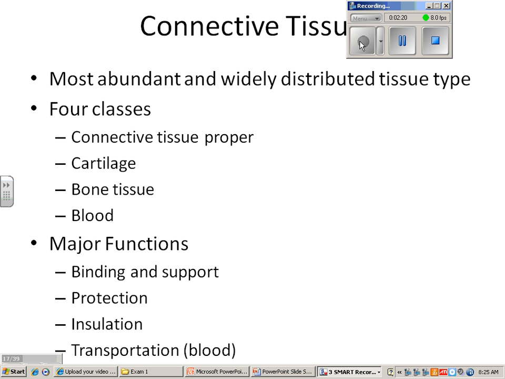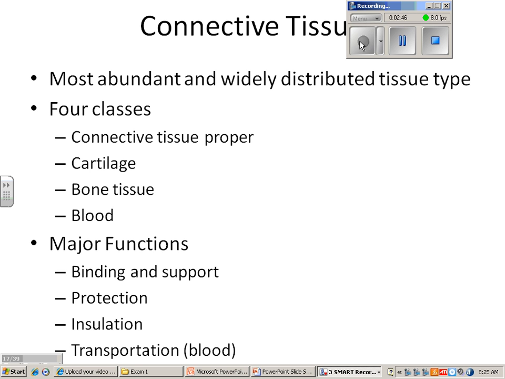Remember, there's the apical surface and the basal surface, and that basal surface will connect. One last thing to remember in the identification of epithelial tissue is that we look at the apical surface to identify the type of tissue that we're looking at. So that's going to be that outer layer of cells. And we want to look at the shapes of those cells and the shapes of the nuclei.